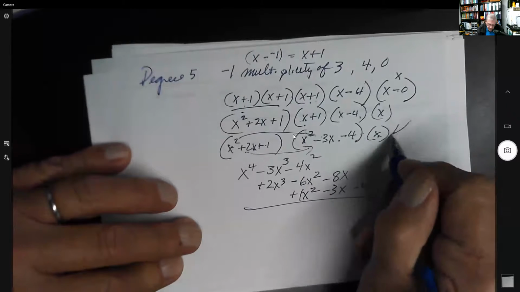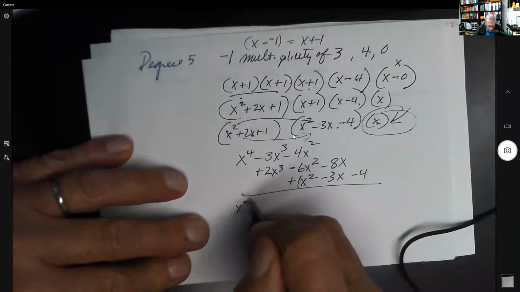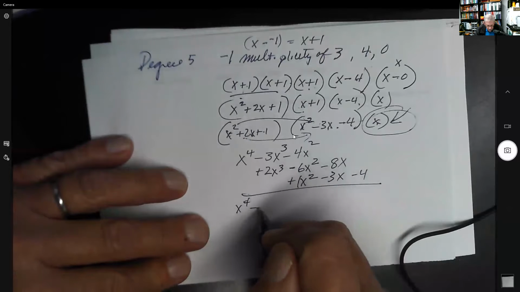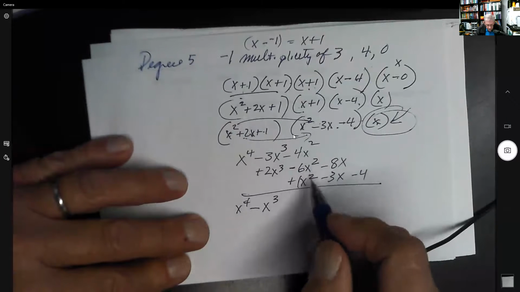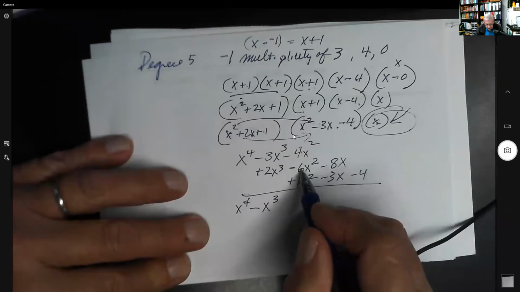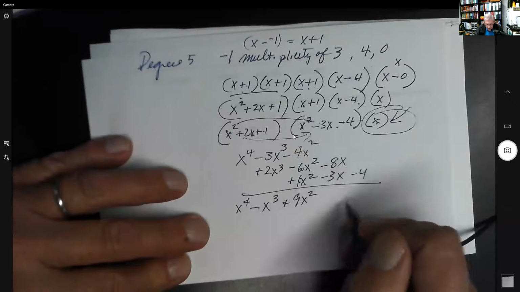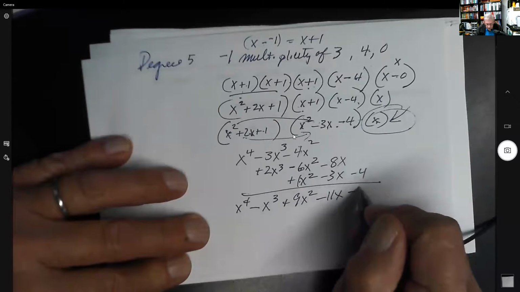So I multiply the x squared times each thing, the 2x times each thing, the 1 times each thing. I still have this x out here that I didn't use. X to the fourth minus x cubed, negative 10, take away 1 plus 9, minus 11x minus 4.